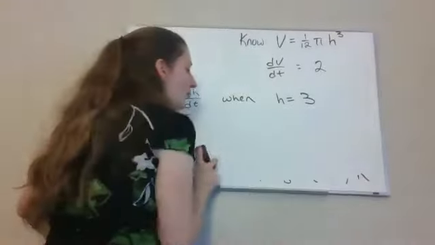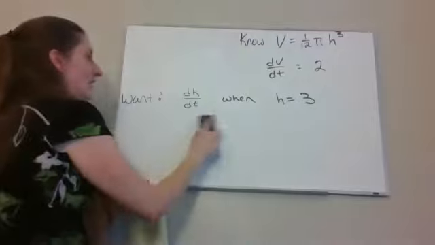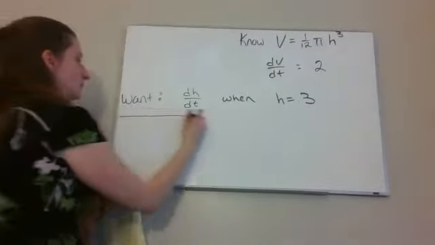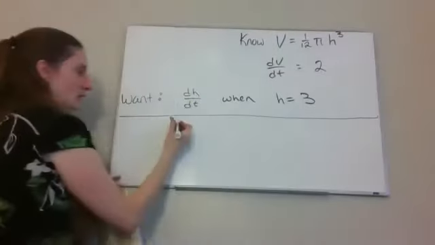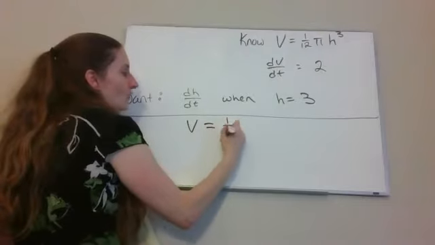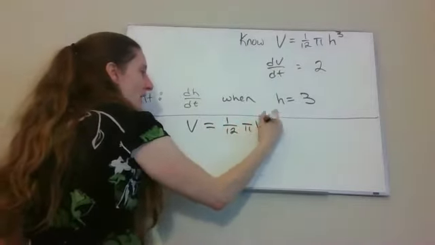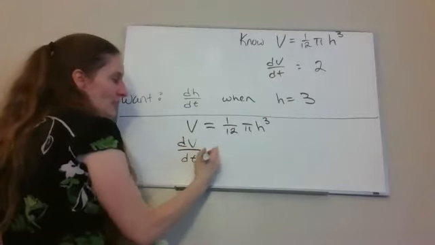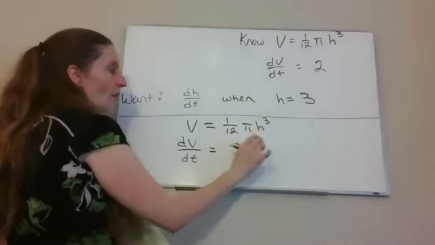And now I'm ready to do my derivatives. Everything else is staying exactly the same. So, if I take a derivative of this guy, I have V equals 1/12 pi h to the 3rd. Derivative of both sides, I get dV/dt equals, we're going to have a power rule here.